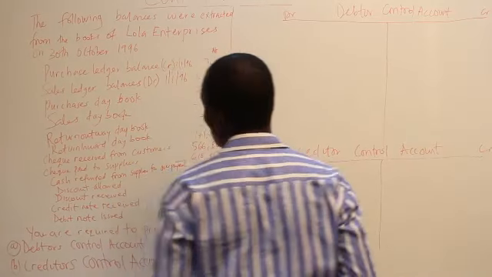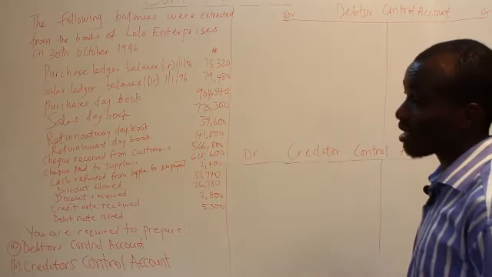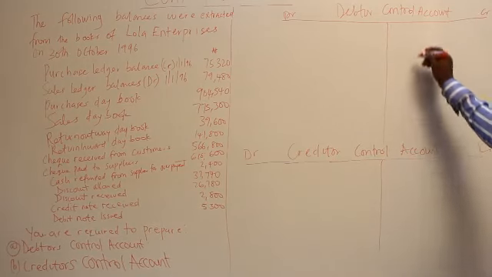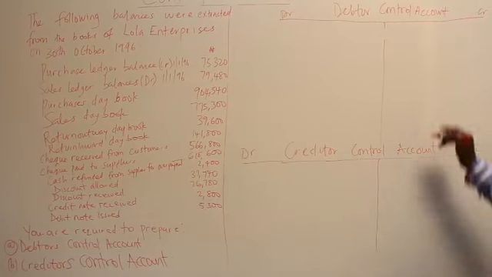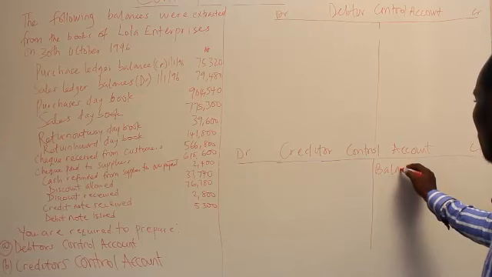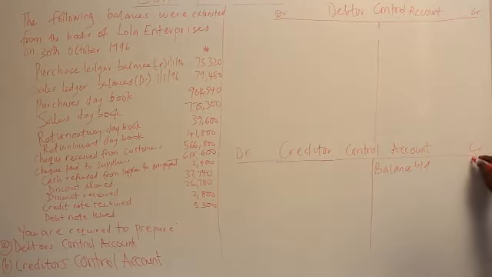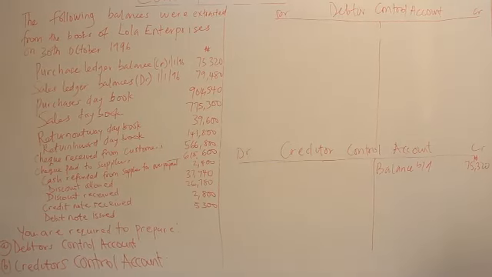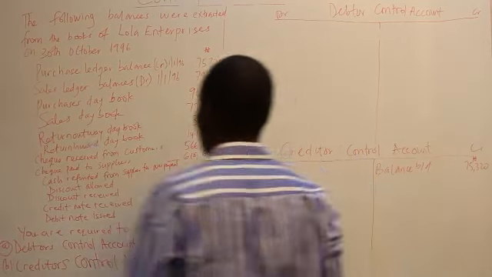So the first balance we have here is the purchase ledger balance, which is credit balance as at 1/1/1996. So that is credit balance. This is going to give us balance brought down. Okay, sorry, this is the purchase ledger, that is the creditor control account. We have balance brought down. That will give us 75,320.